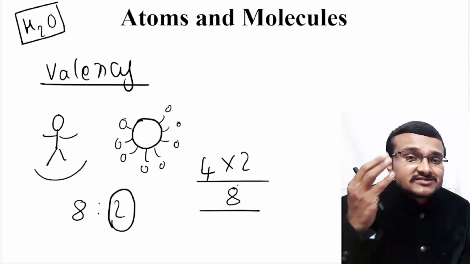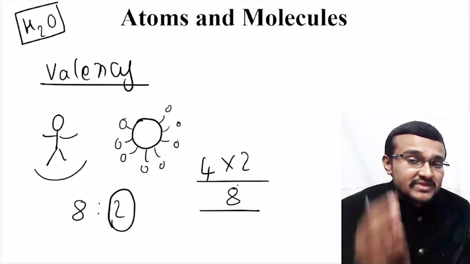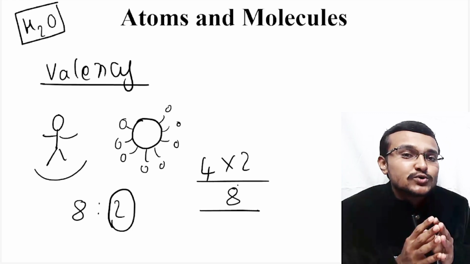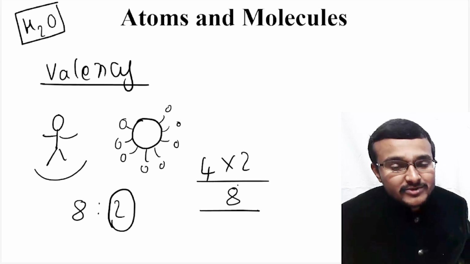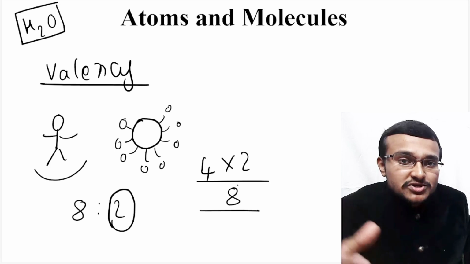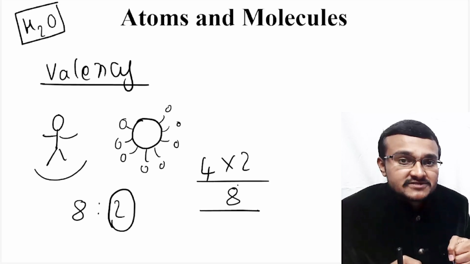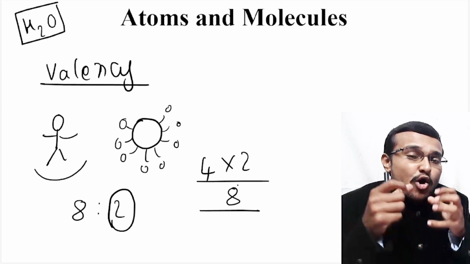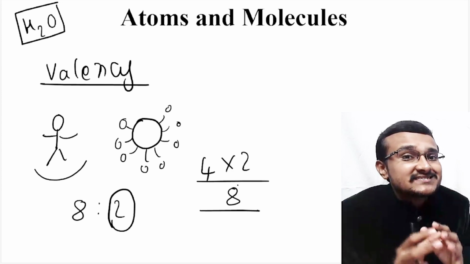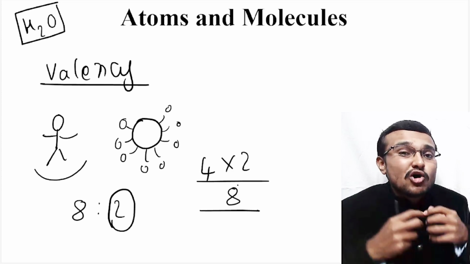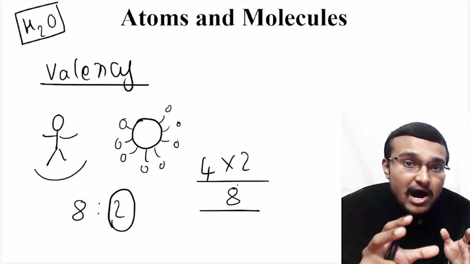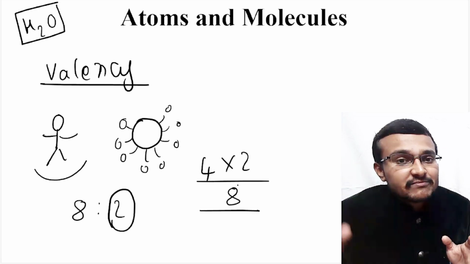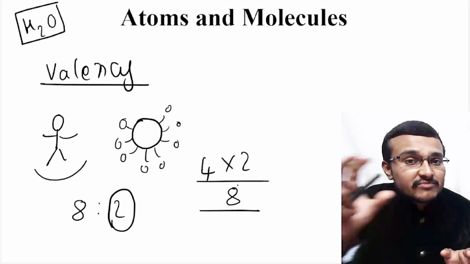That means 4 human beings altogether will have 8 arms, and all those 8 arms of 4 human beings can catch hold of the 8 arms of the octopus. So now you can see all the hands of the octopus are occupied and also all the hands of all 4 human beings are occupied. Now this will be a stable molecule or a stable compound.